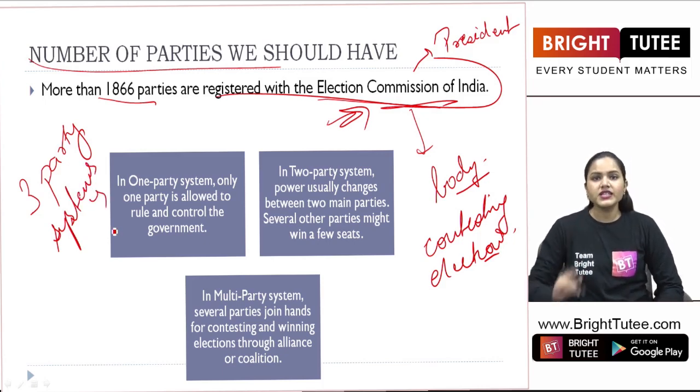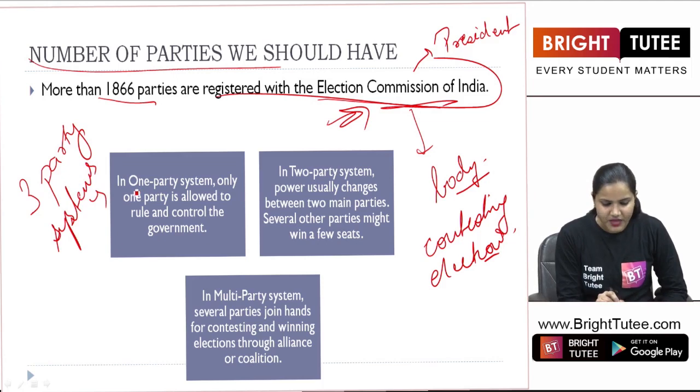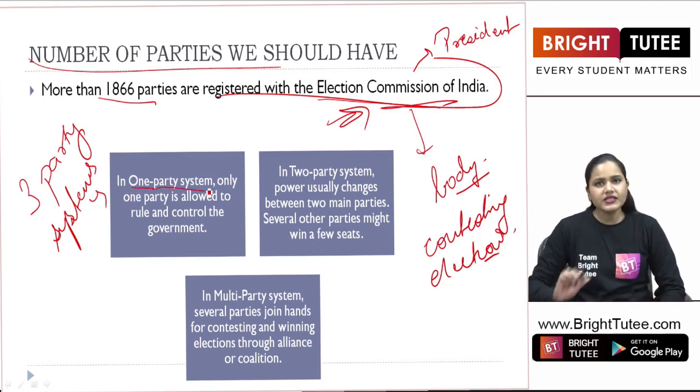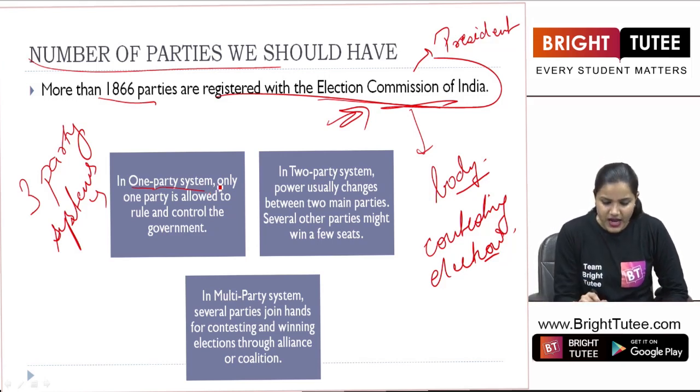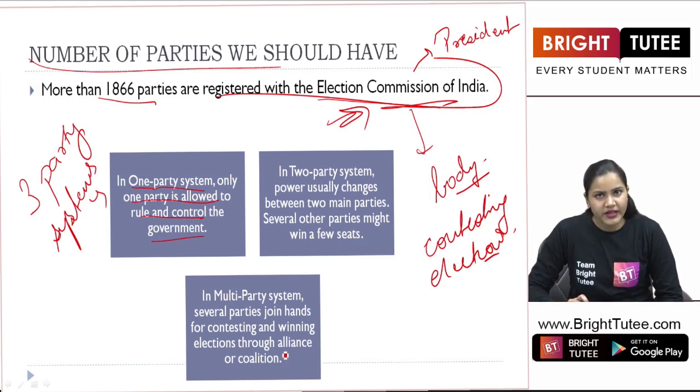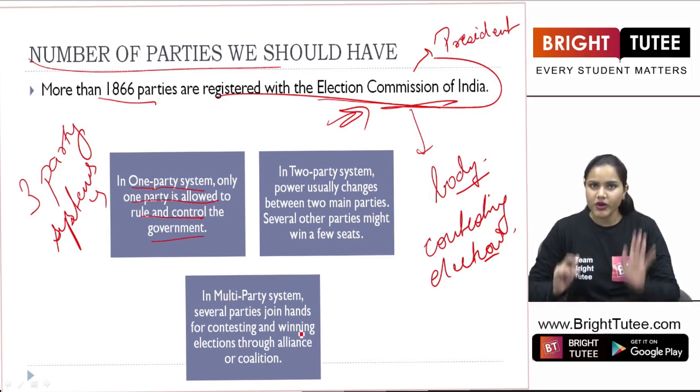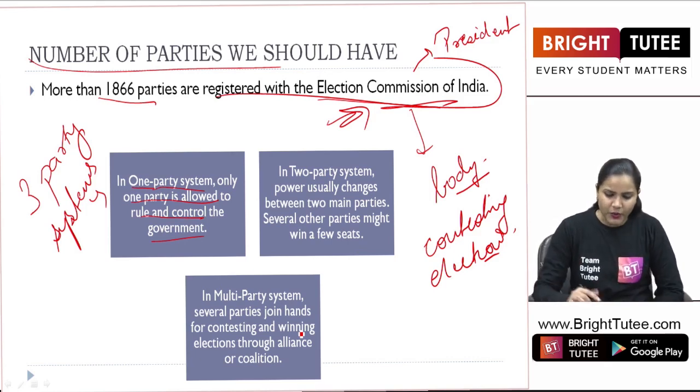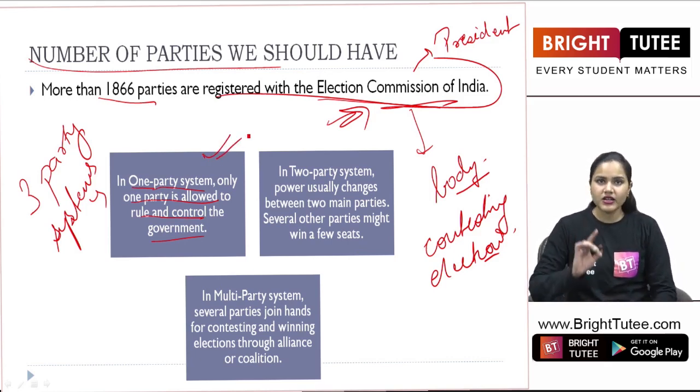So, the first one is one-party system. Now, what do we understand by this one-party system? As the name suggests, it means that only one party is allowed to rule and control the government, right? So, in one-party system, quite simple to understand, only one party is allowed to rule and control.